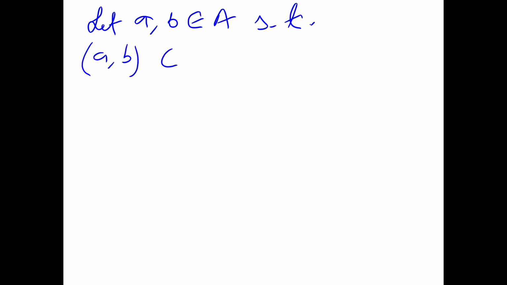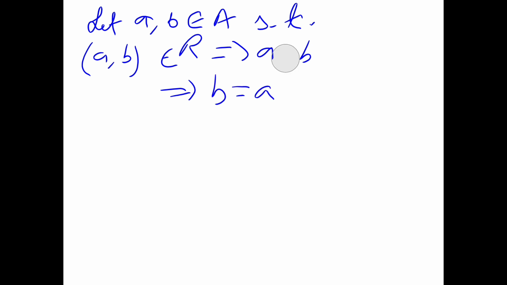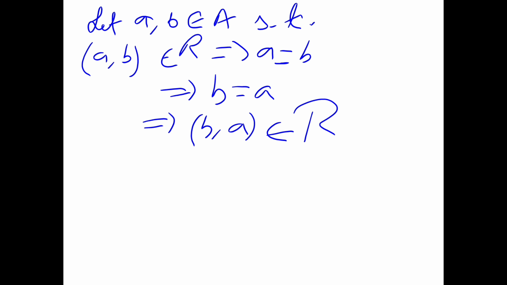By the definition of the relation, a equals b, which means b is also equal to a. So b equals a, and by the definition of the relation, b is related to a. That means R is symmetric.